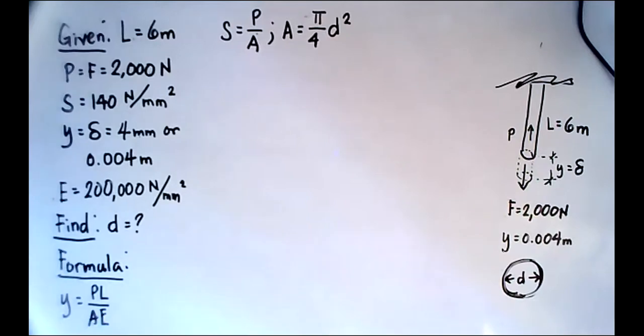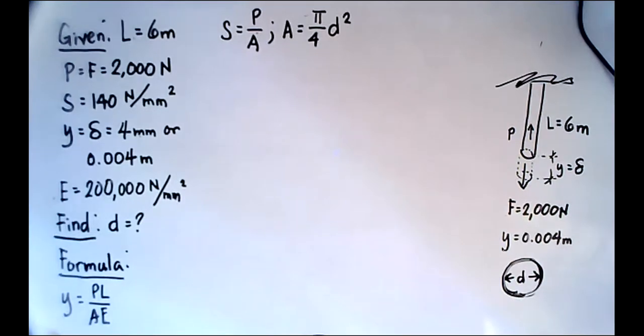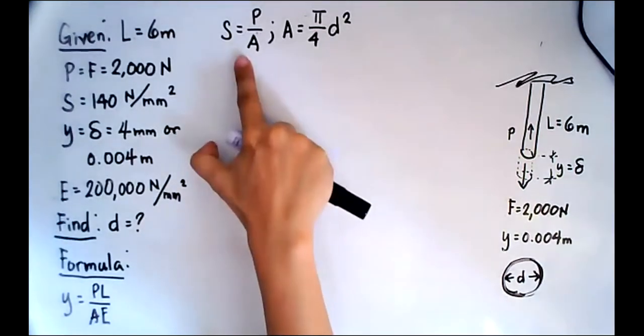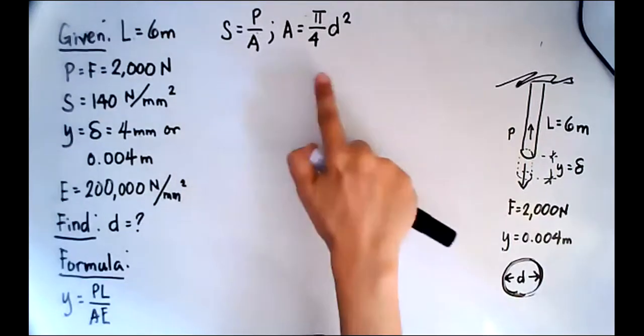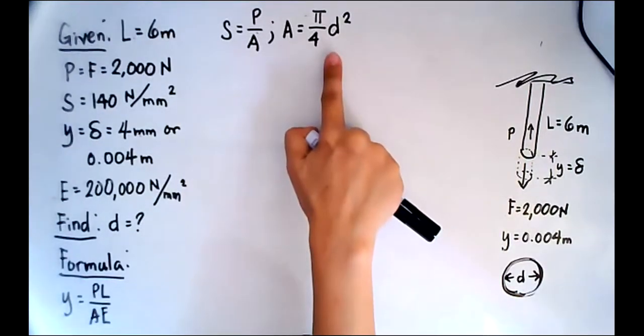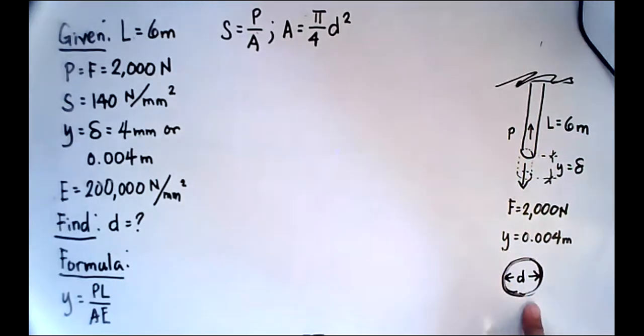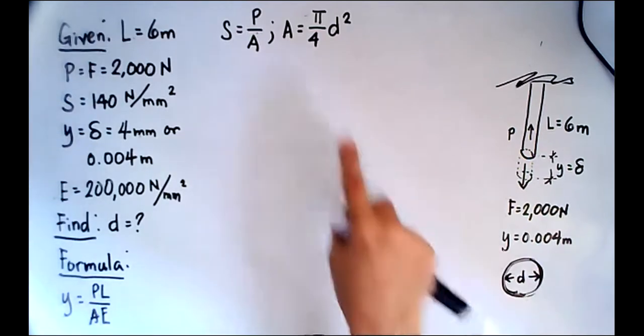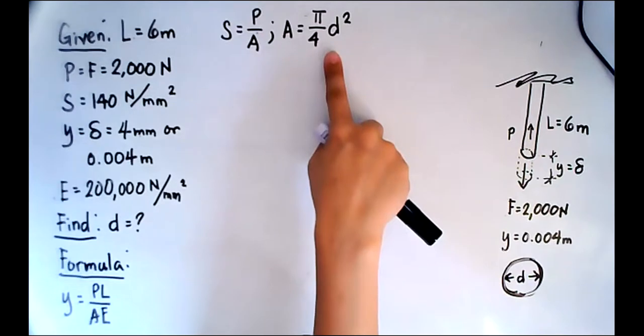Nagets nyo ba yon? Okay tayo doon sa mga formulas? Okay, so you have the formula for the elongation, it's PL over AE. The formula for the stress, which is P over A, and the formula for the area is pi D squared over 4 because our cross-sectional area is a circle. Pero kung iba yung cross-sectional area niyan, iba rin yung magiging formula natin sa area.